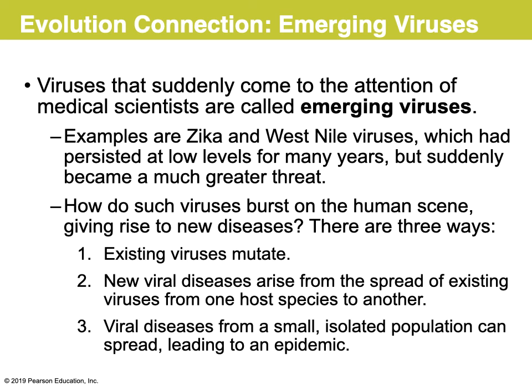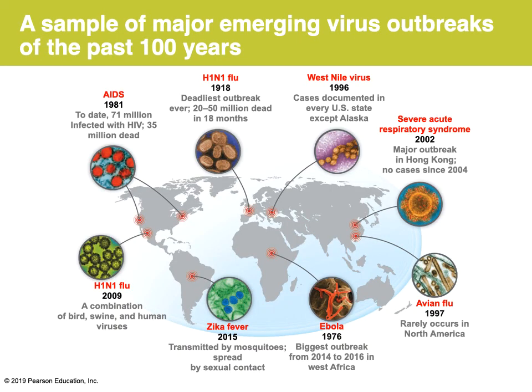Or a viral disease that has been isolated from people can spread, leading to an epidemic. So something that was localized in small areas can be dispersed because we're now a very mobile organism on the face of the earth.